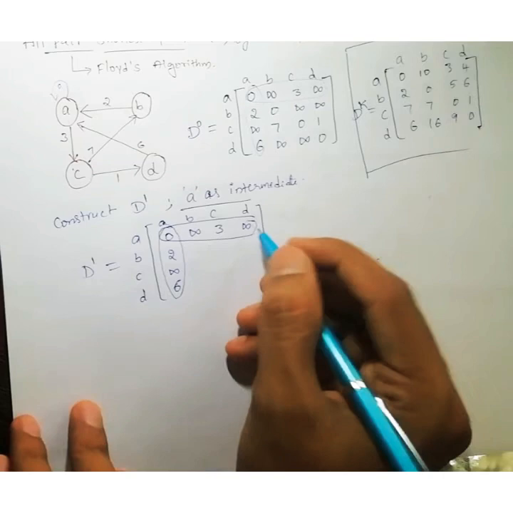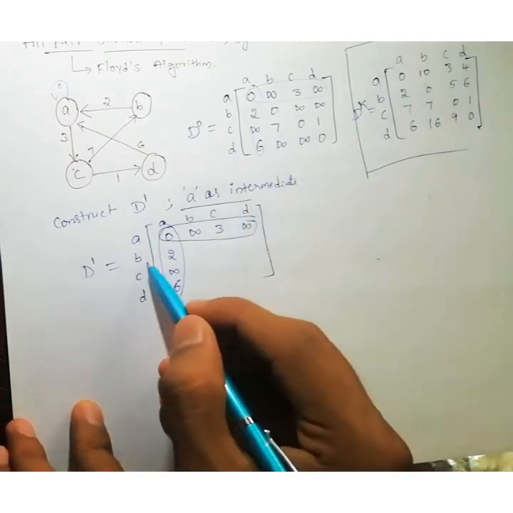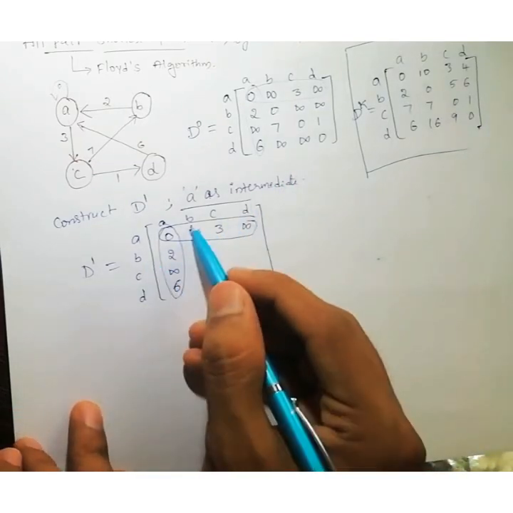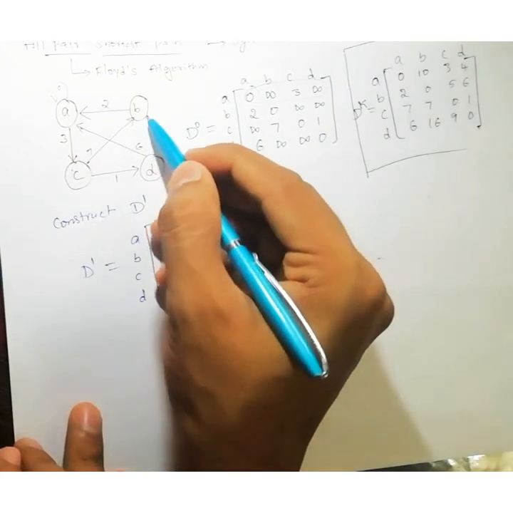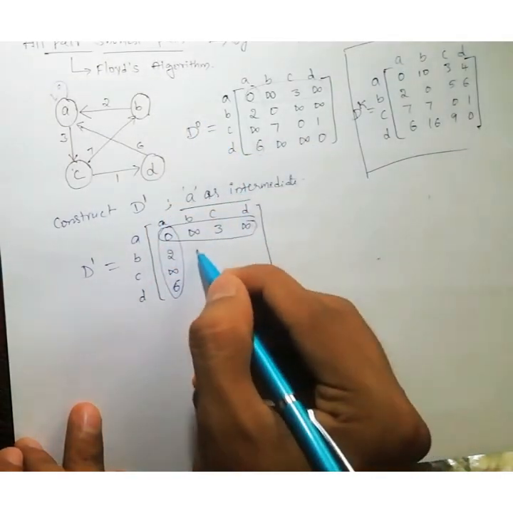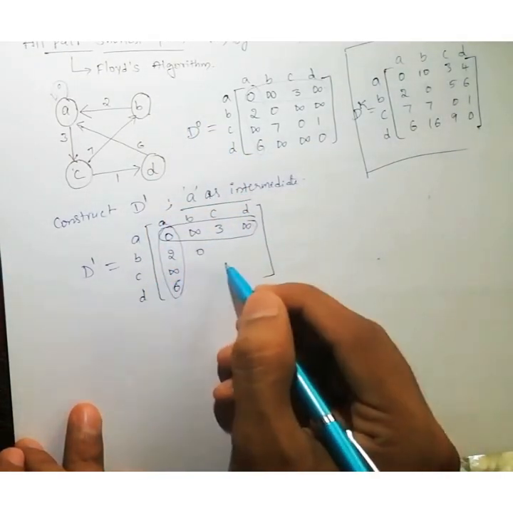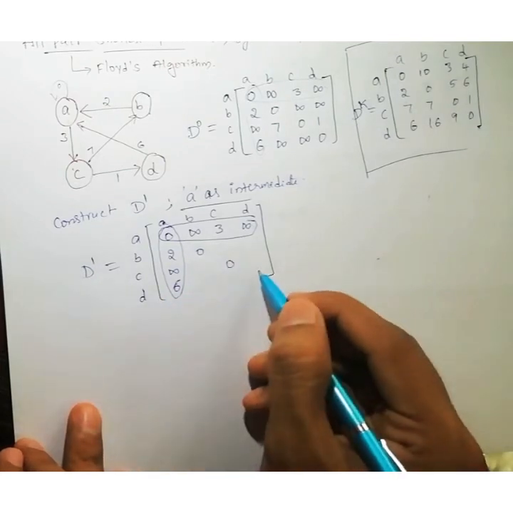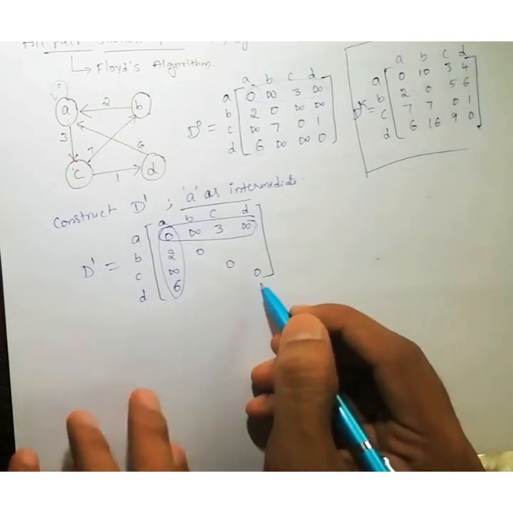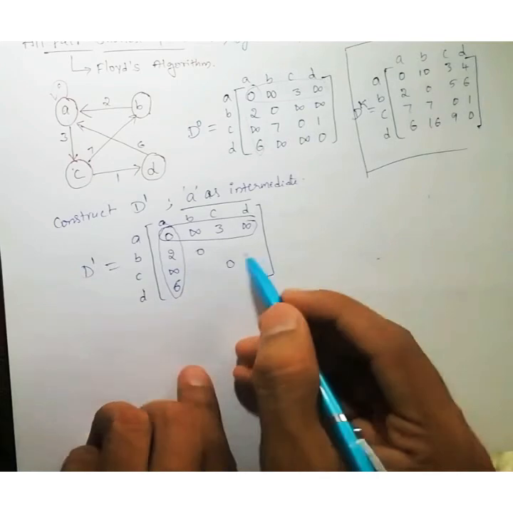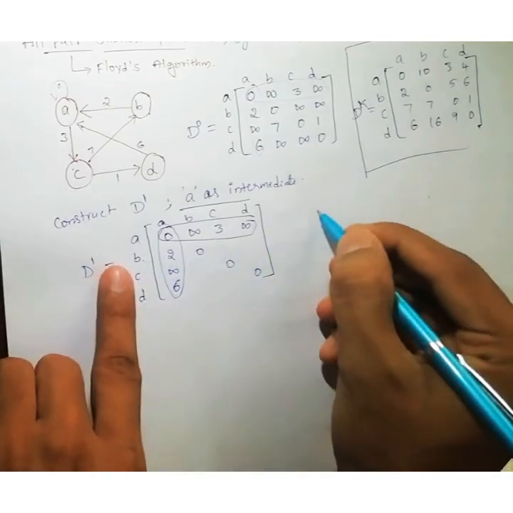Next we have B to B, is there a self loop of B? No, so it is 0. Self loop of C, it is 0. Self loop of D, it is 0. So no need to check these. What we have to do is check from B to C first.